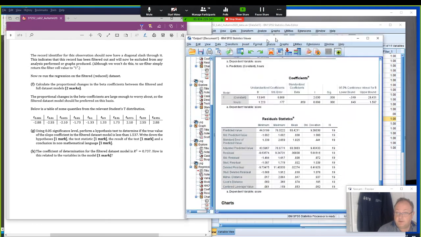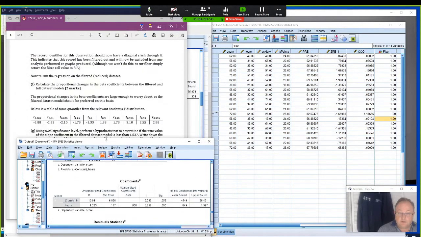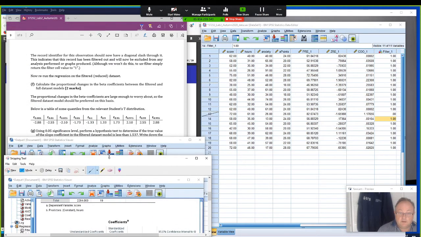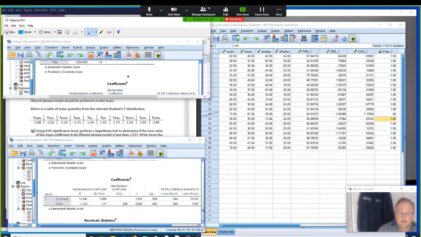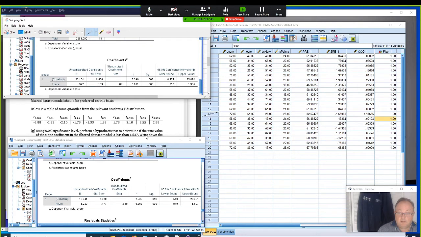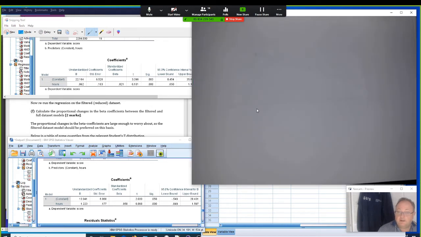I'm going to pull this window over here and squeeze it down because I just want to see coefficients, and we can see the question in the middle here, calculate the proportional changes, and I want to click on that. So we've got all the data there that we need.